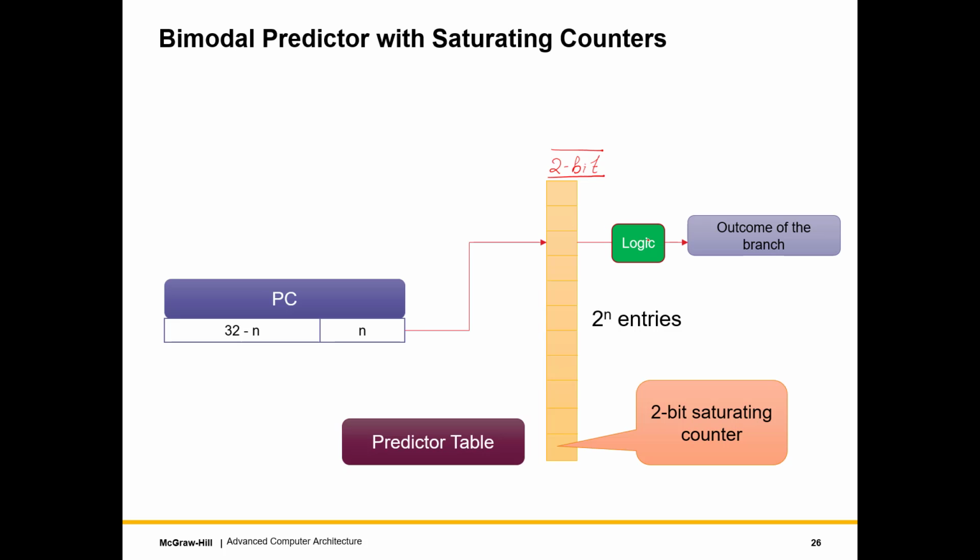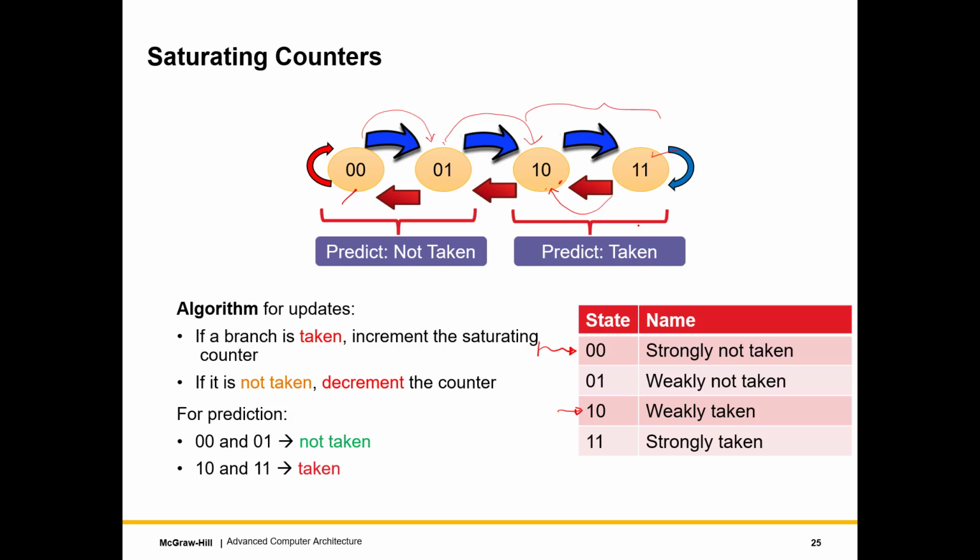So if we want to predict, we read the value of the saturating counter and we pass it through a logic block. What this does is that it basically looks at the MSB of the saturating counter. If it is 0, we predict not taken. If it is 1, we predict taken.